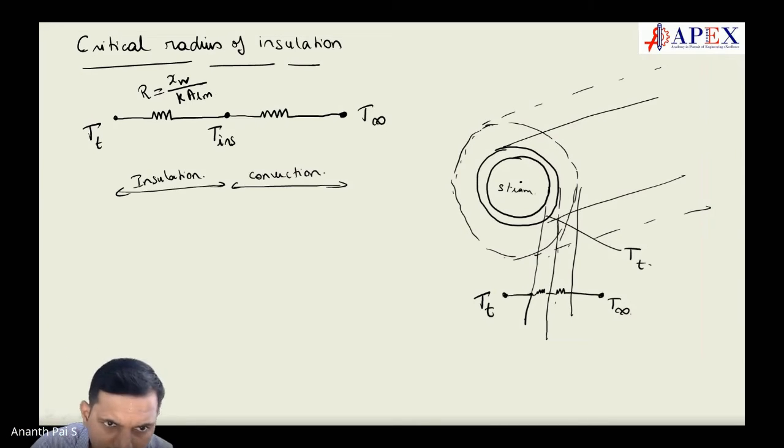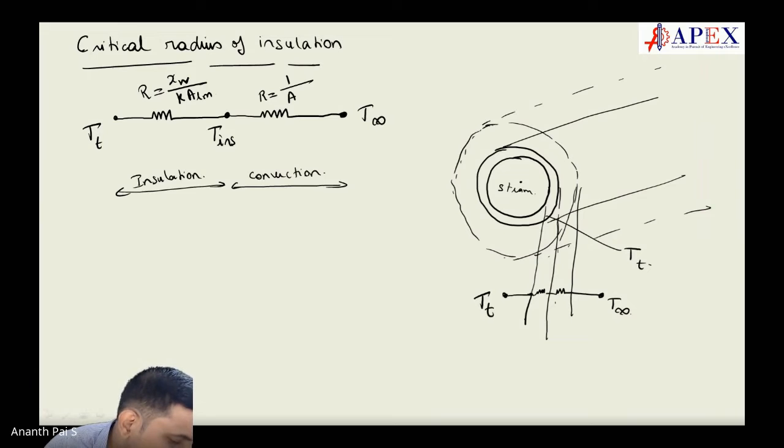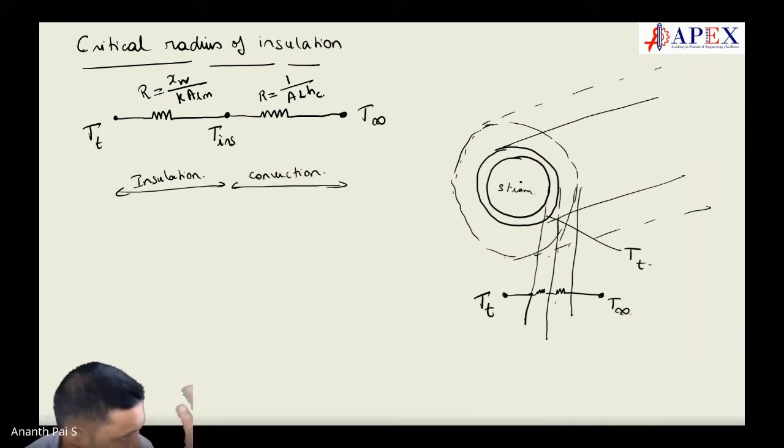And this one would be the thermal resistance, or the resistance due to insulation, is it not? So this R would be equal to 1 by area into length into h convective of the air, right? Whatever the air or anything is.